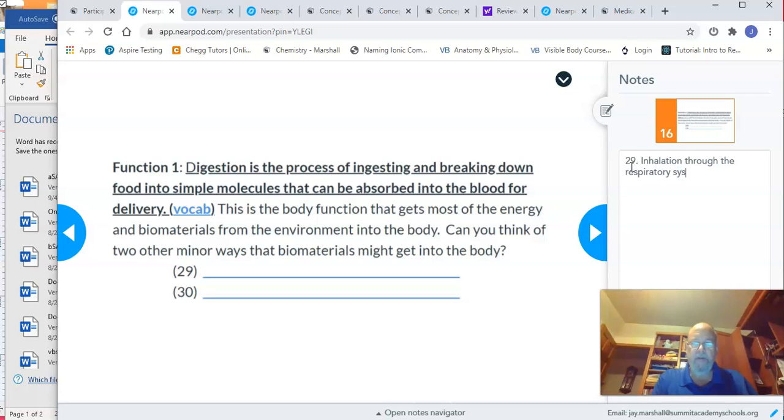Inhalation through the respiratory system. That's going to be one thing. And then I could also absorb substances through the skin. One biomaterial that we get from the skin is vitamin D, right?